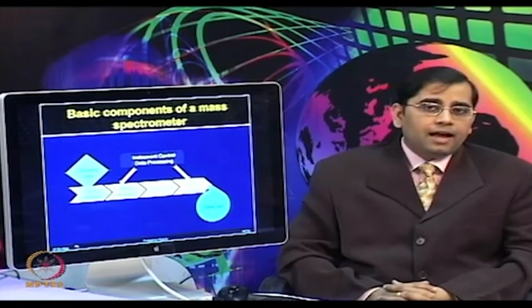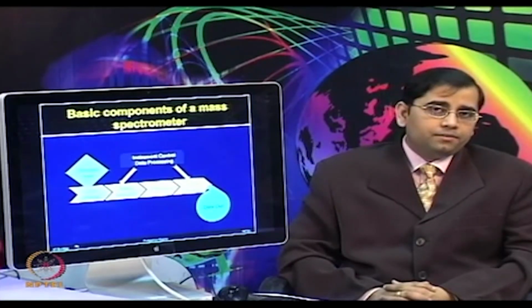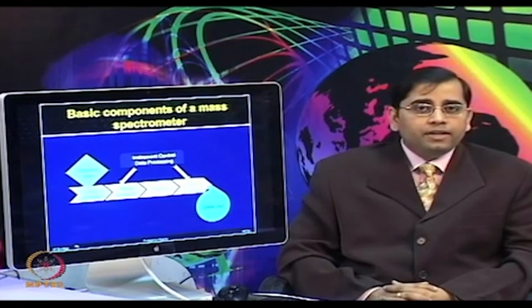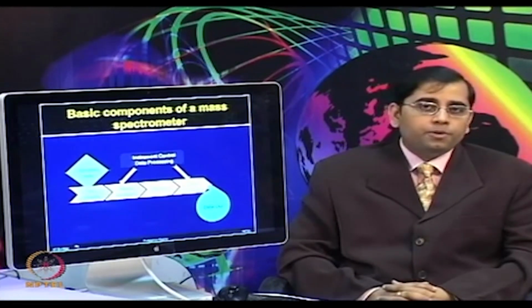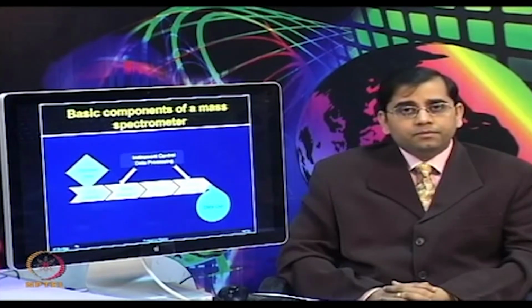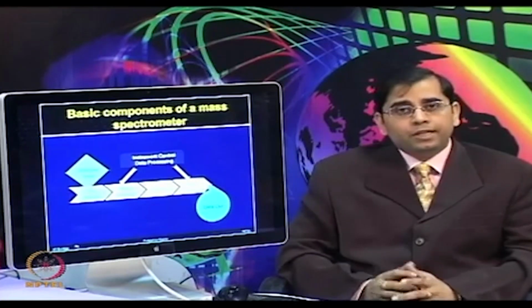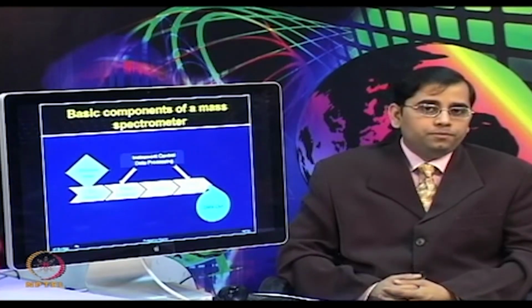The detector measures and amplifies the ion current of mass resolved ions, and then we need electronics to control the operation of various units. The data system records, processes, stores and helps to display the data output.